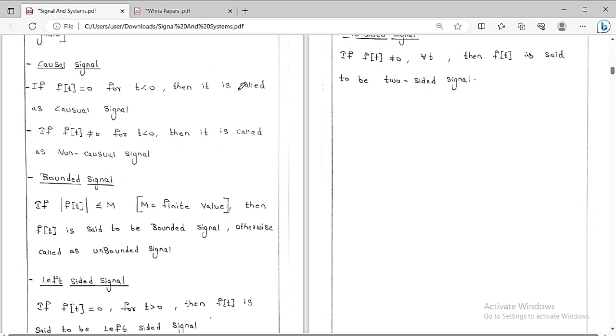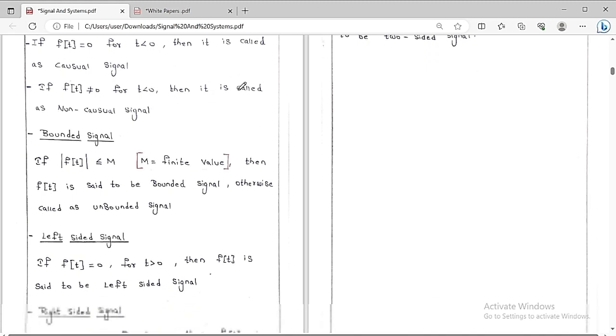So finally, a signal is said to be a causal signal if f of t is equal to 0 for t less than 0 for all time. Suppose f of t is not equal to 0 for t less than 0, then we say it is a non-causal signal.